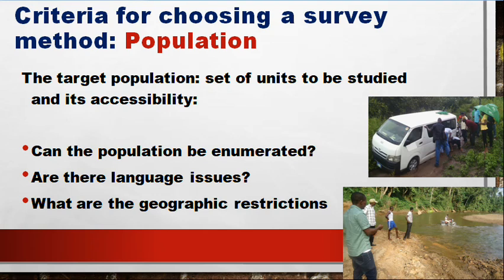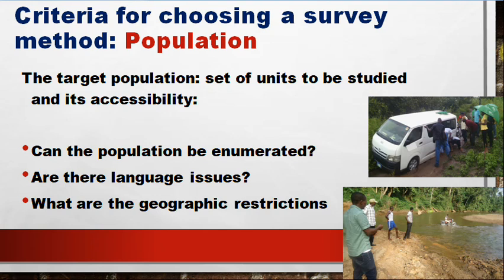Is it an infinite population, or a population that has a particular number you can count? Like if I say we have 500 persons here, that is fine. But if the number of people in that population is not known, it also determines the kind of survey you can do with them. And then you equally check the challenges of language.